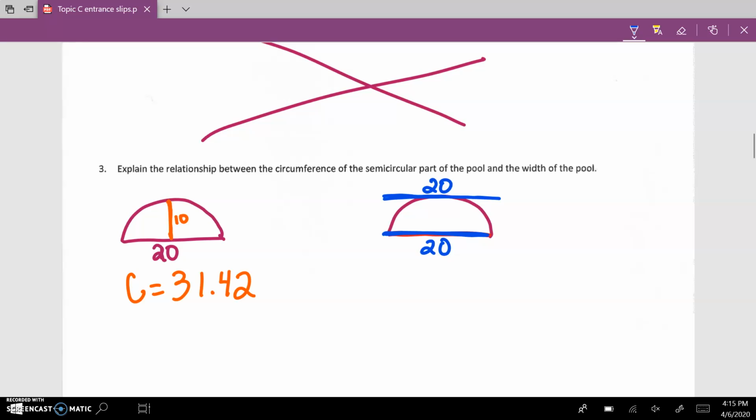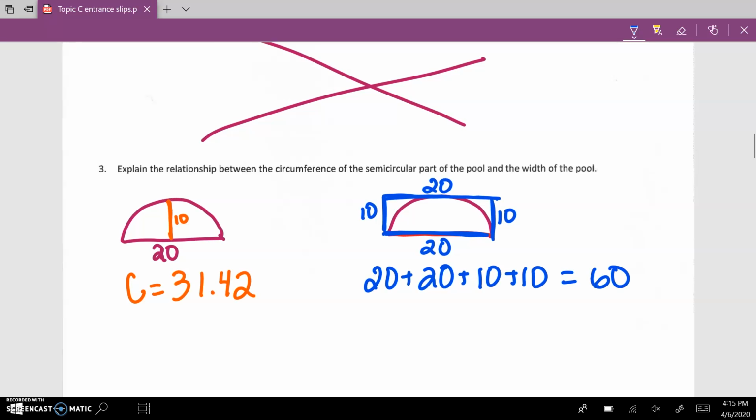And the height was 10. If I wanted to find the perimeter, I would do 20 plus 20 plus 10 plus 10, and that would give me 60. So you have to think, well, 60, and this is 31.42, how is that only half the distance? Remember these curved areas take off more space than you think it would.